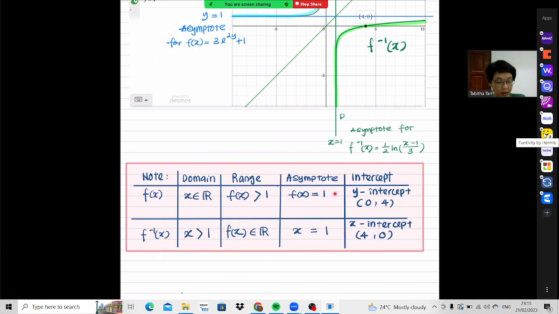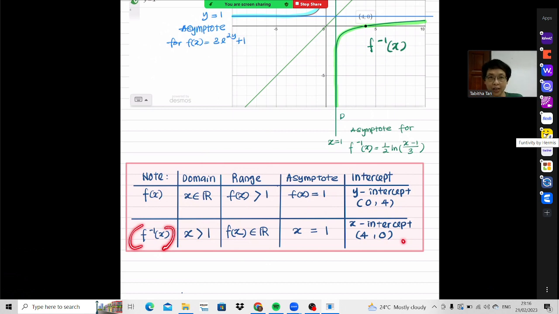Asymptote: the asymptote for the function is y equals 1, but the asymptote for the inverse is x equals 1. And the final point, intercepts. The function intercepts at y with (0, 4), whereas the inverse of the function intercepts at x.